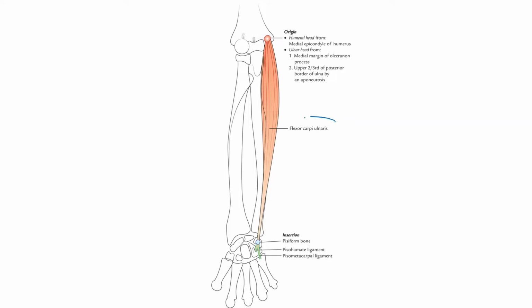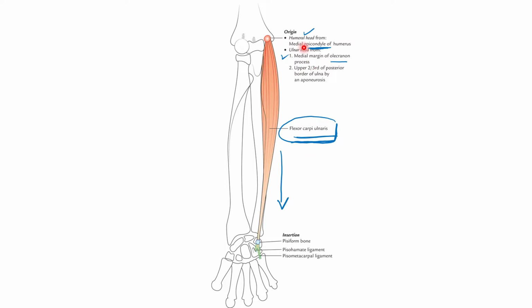The next comes the medialmost muscle in the superficial group, that is the flexor carpi ulnaris. The origin of the flexor carpi ulnaris is from two heads, that is the humeral head and the ulnar head.